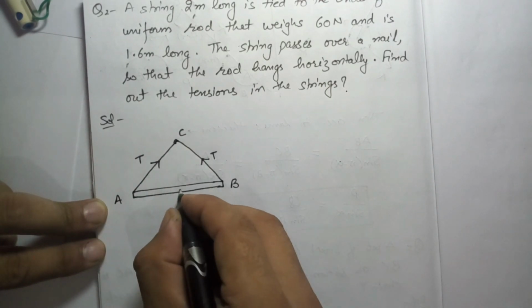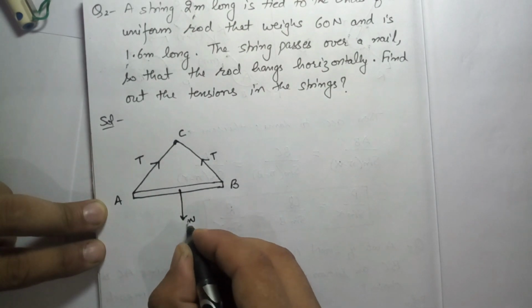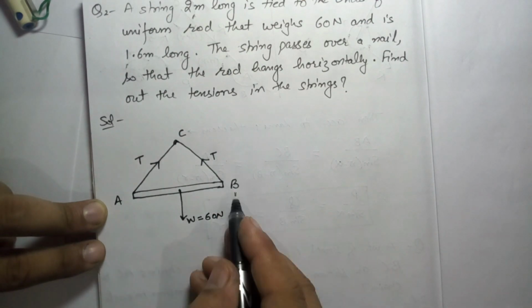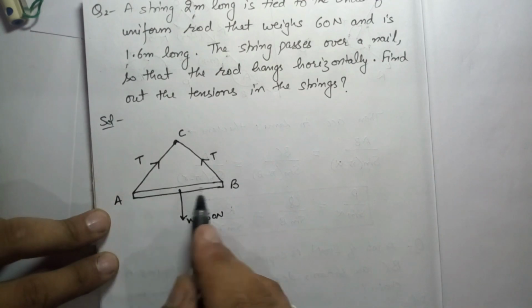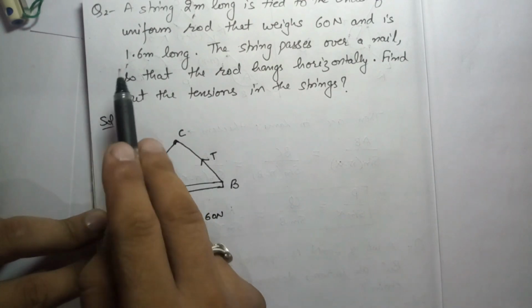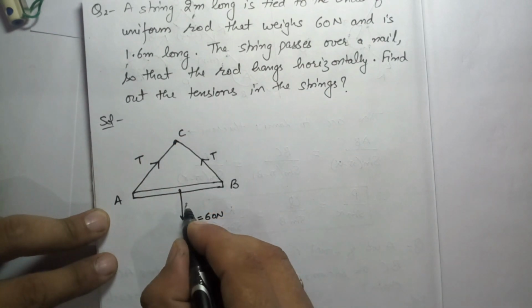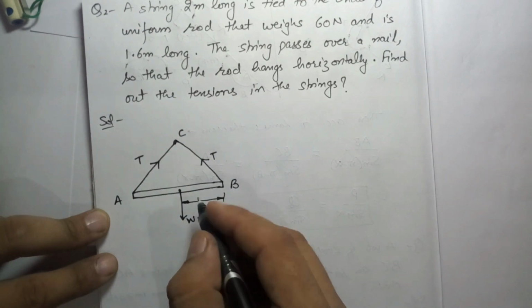Now this rod has a weight of 60 Newton, and we know that weight will always act at the center as it is horizontally placed. So this is the weight, 60 Newton. Now the length of this rod is given as 1.6 meter. So if I say from this point, it will be half because it is balanced on both sides.